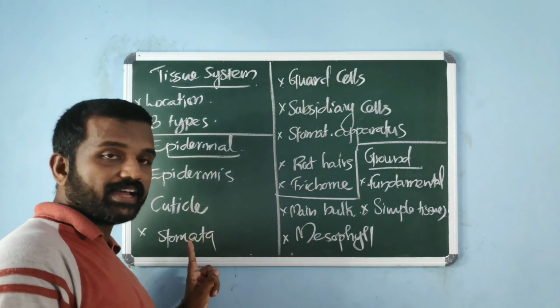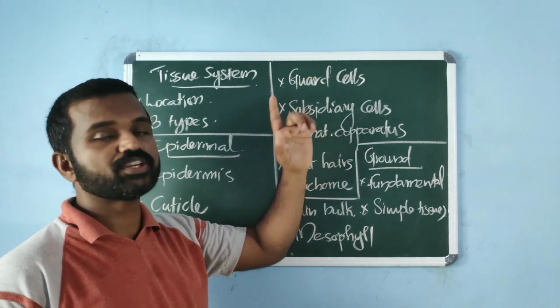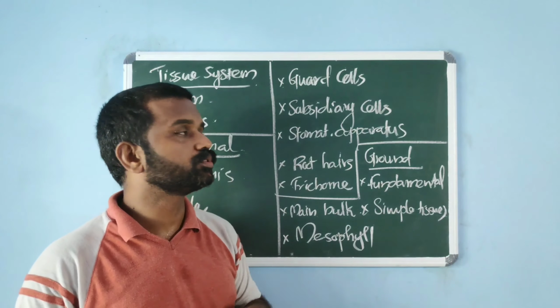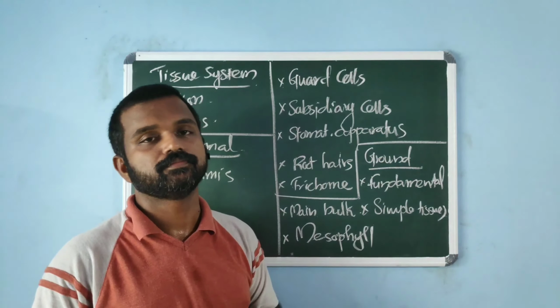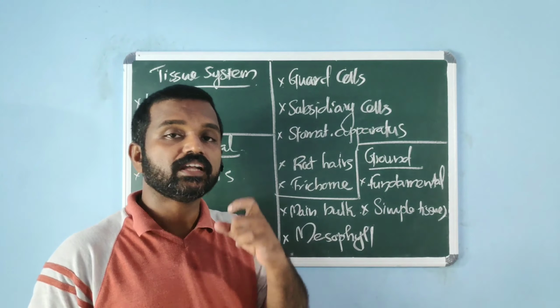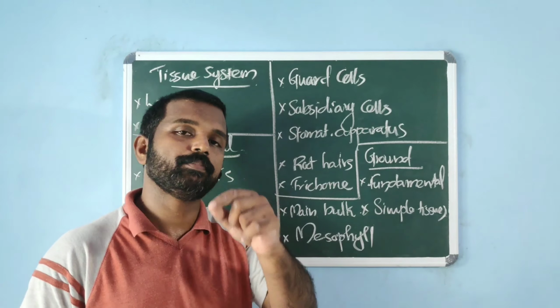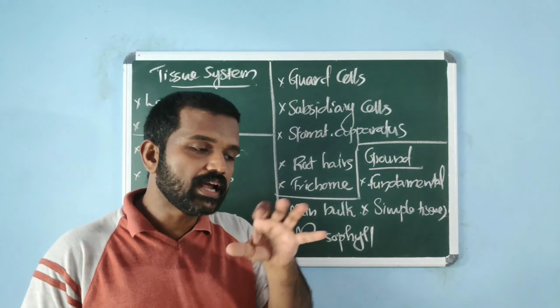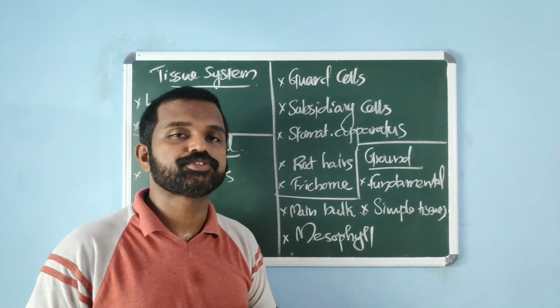These three, that is stomata, guard cells and subsidiary cells, together constitute the stomatal apparatus. Then root hairs are unicellular elongations of root epidermis meant for absorption of water and minerals.